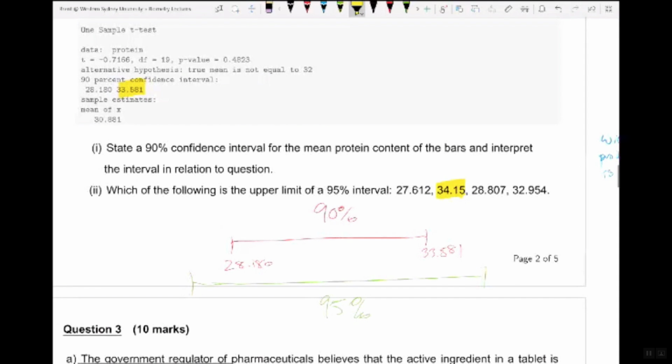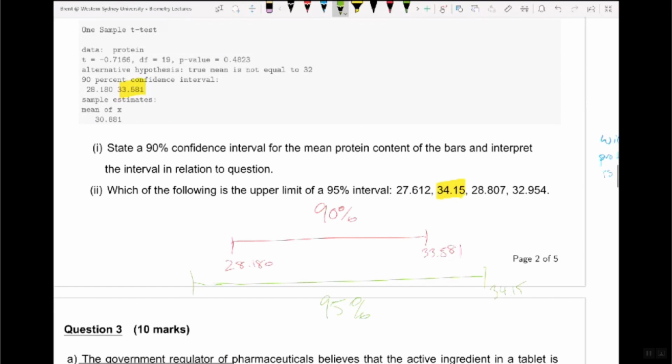This is not something you need to draw to answer the question. By all means, as I've said before, keep some scrap paper nearby, draw little pictures every now and again to help yourself visualize what's happening. The actual way that you would answer that question is simply select the value, 34.15, and you can get rid of all this other junk that I just drew there. Okay?